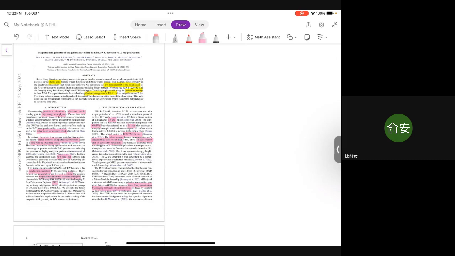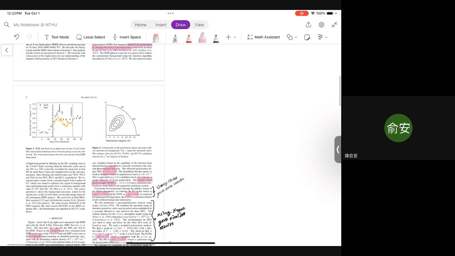So what's the overall picture of the field? The measurement is for one gamma ray binary. Then what's the overall goal? The overall goal is that we have never measured polarized gamma ray from an X-ray binary or gamma ray binary.